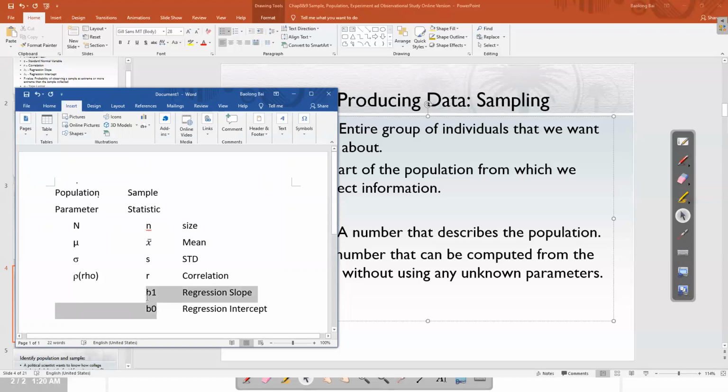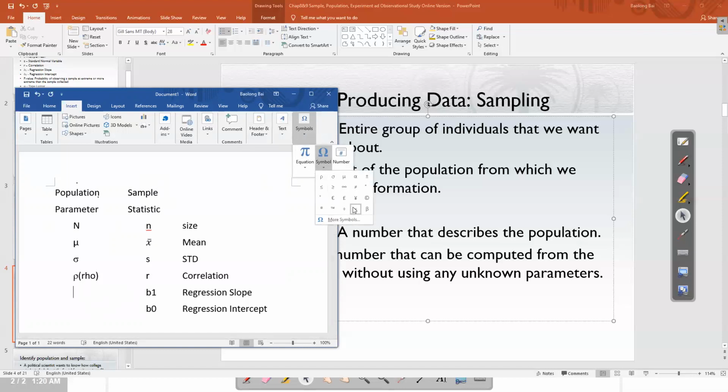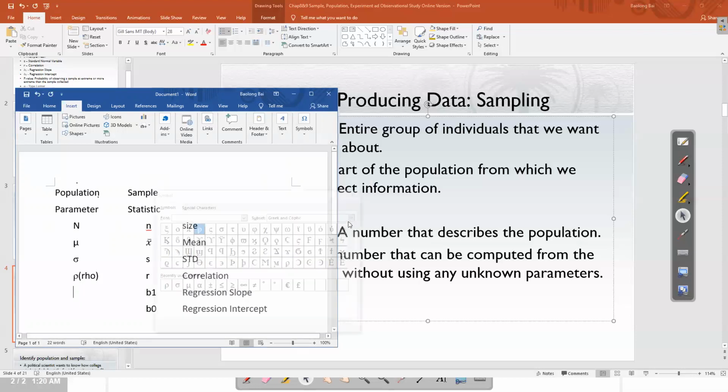So these are statistics as well. They're describing something about a sample. And for a population regression slope, if there is a linear relationship in the entire population, there should be a slope for that as well. So we use a different symbol, and that will be beta.